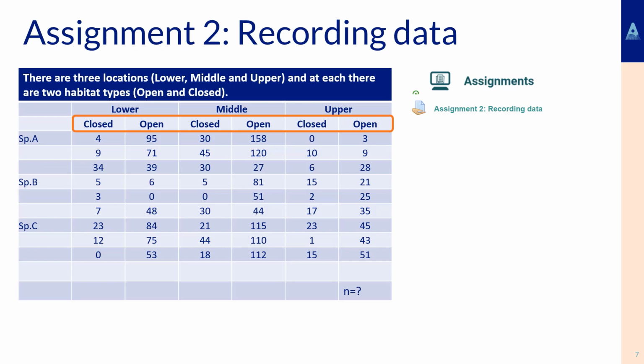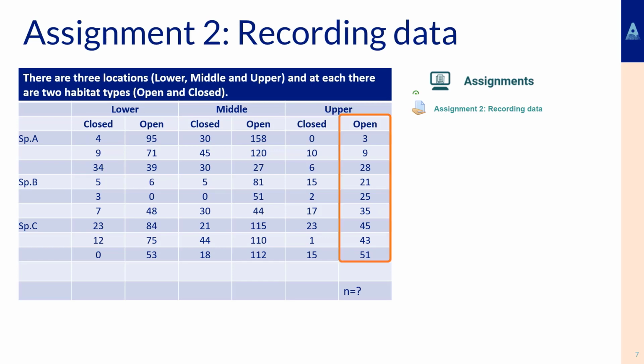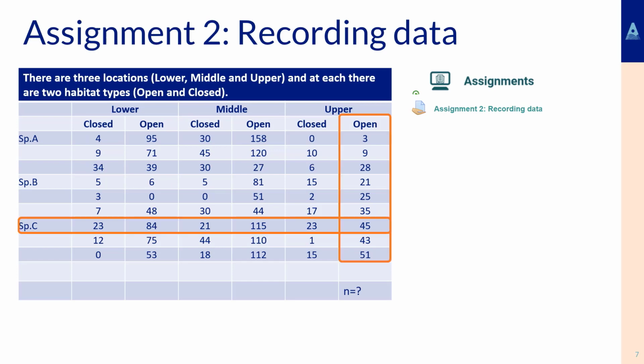And for each location and habitat type there are three species, species A, B or C. And then there's a count of the number of species at each of these intersections. So for instance, at the lower location for the closed habitat, species B, there's a count of 5. At the upper location for an open habitat, species C has a count of 45.